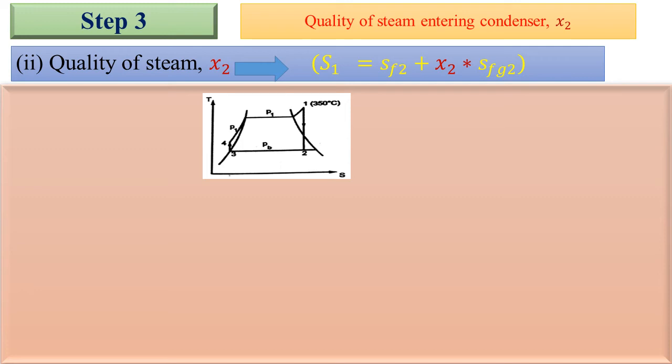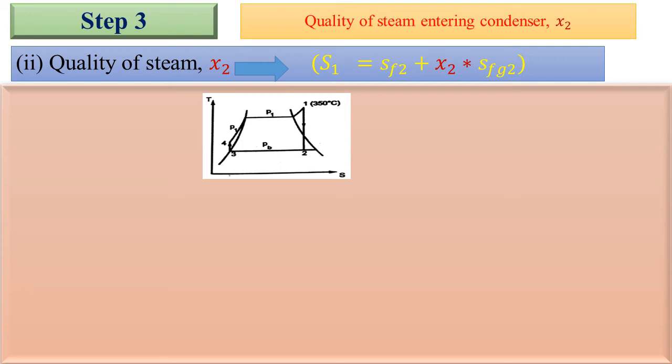Entry to the condenser is denoted by point 2, while exit of the condenser is denoted by point 3. And hence, as the question is to find the quality of steam entering the condenser, we are supposed to find the dryness fraction, but entering the condenser means point 2, hence in the suffix there will be 2. So we have to find X2, the quality of steam, or we can say the dryness fraction at point 2.